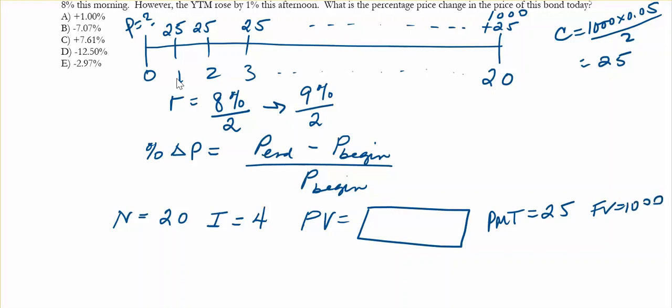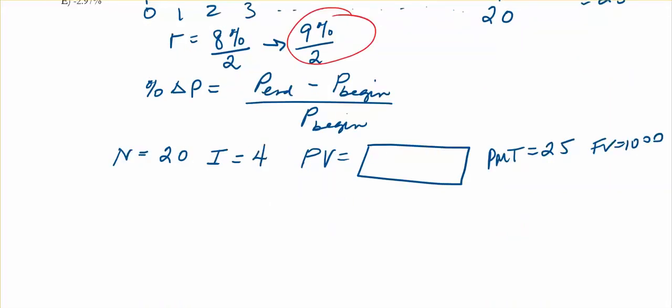Go ahead and put that in your calculator. N equals 20, I equals 4, PMT equals 25, FV equals 1000, giving us 796.1451.